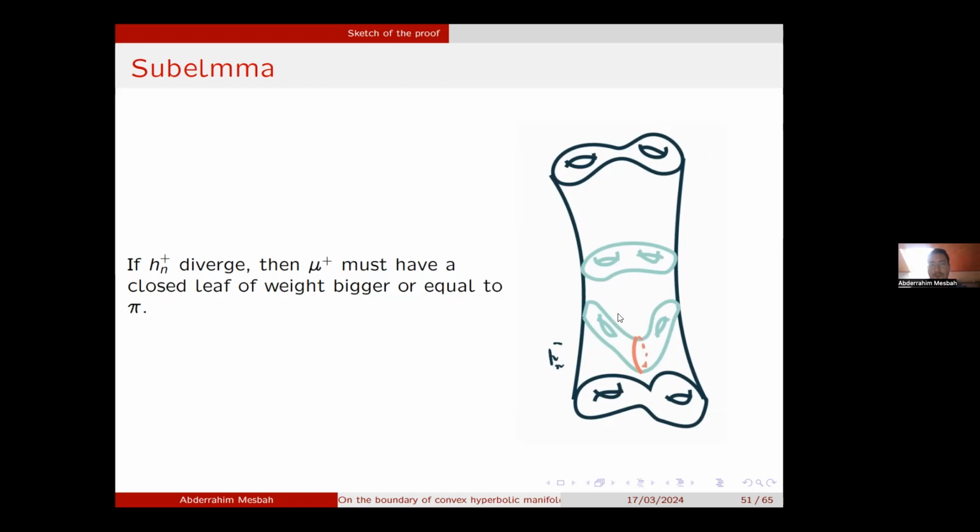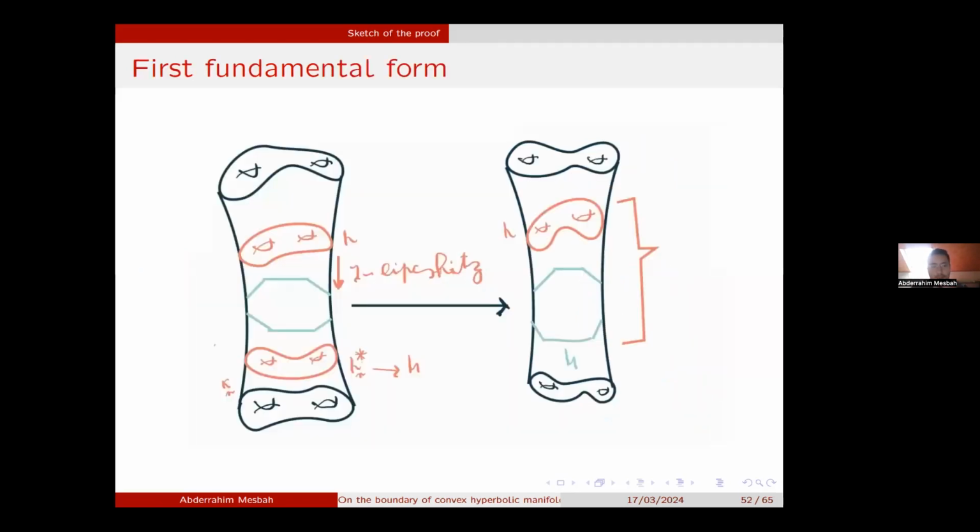This is enough to deduce, because of Bers' theorem that identifies quasi-Fuchsian manifolds and their ideal boundary, that the quasi-Fuchsian manifolds converge up to some subsequence, because the conformal structures on the ideal boundary converge.